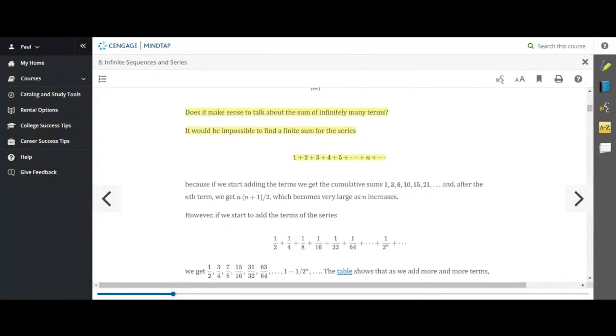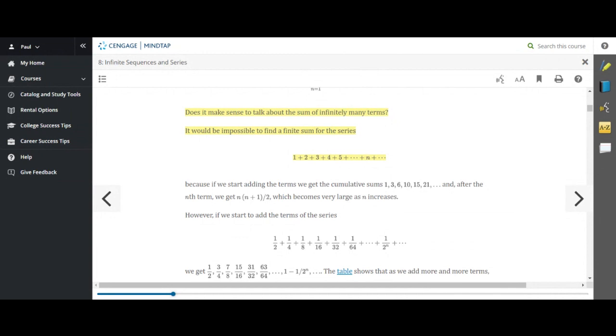Like they say, for instance, if you were to add the series 1 plus 2 plus 3 plus 4 plus 5 and so forth, would you get a finite answer if you added the terms of that series? What's that sum going to equal? That's right, Renat. It's going to equal infinity, and that's not very interesting.